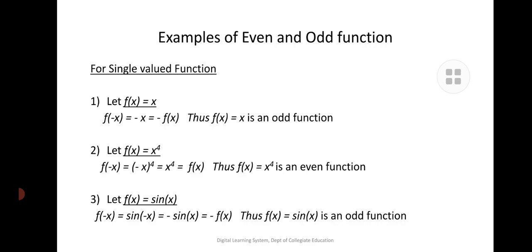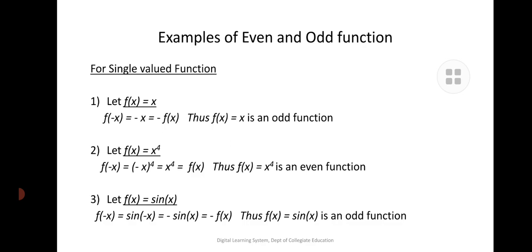If we take another example, f of x is equal to x to the power of 4, then if we put x is equal to minus x, then minus x raised to 4 is equal to x to the power of 4, and that is equal to f of x. Thus f of x is equal to x to the power of 4 is an even function.